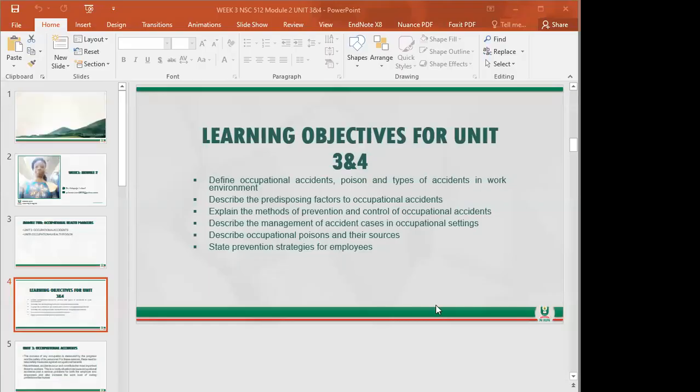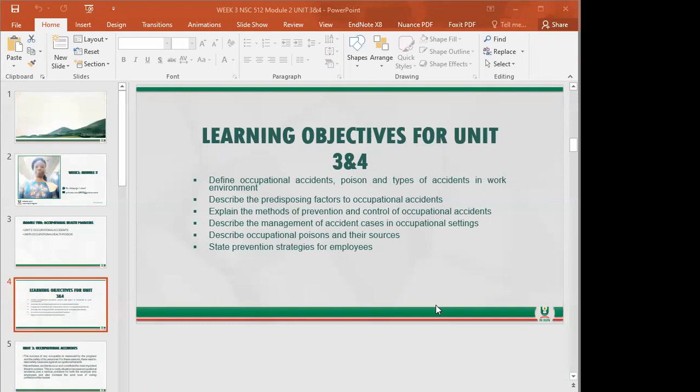Before we dive deep into the lesson, let me quickly share the learning goals for these 2 units that we are going to be covering. At the end of today's learning, learners should be able to define what an occupational accident is.